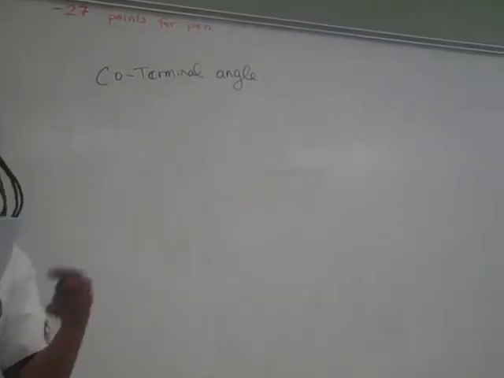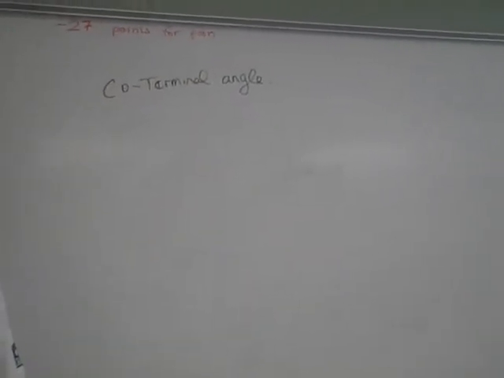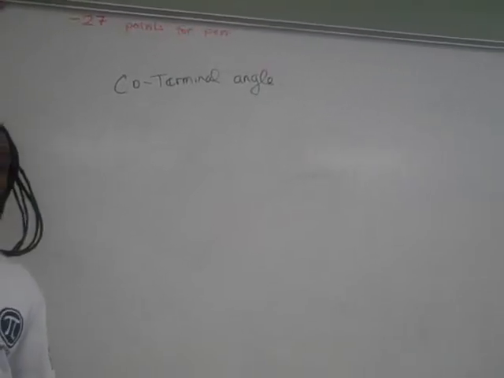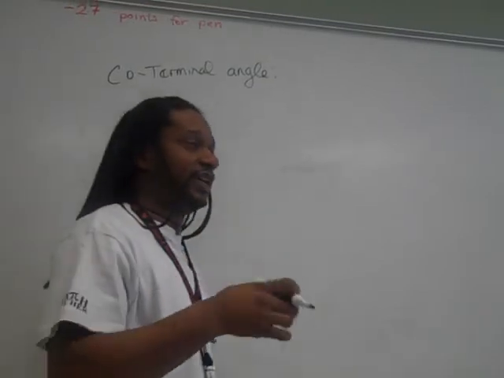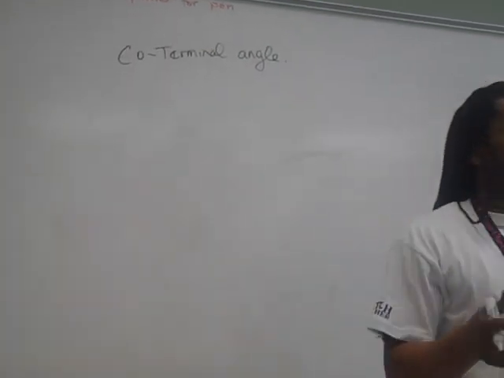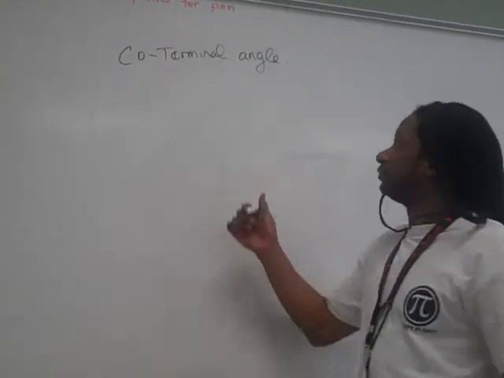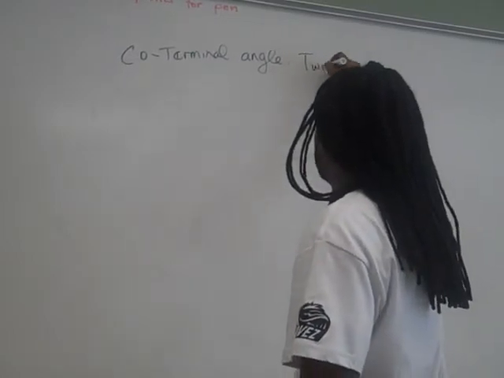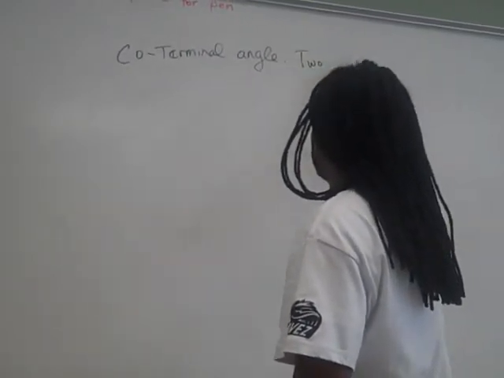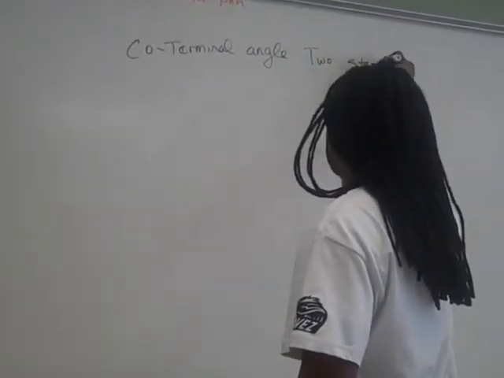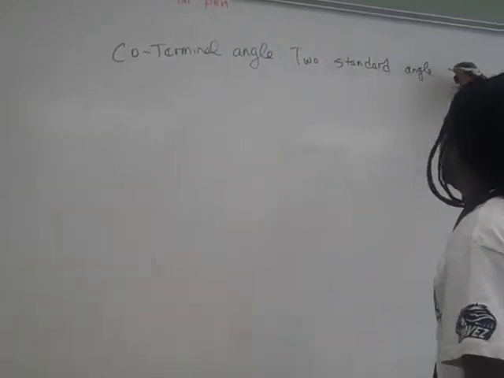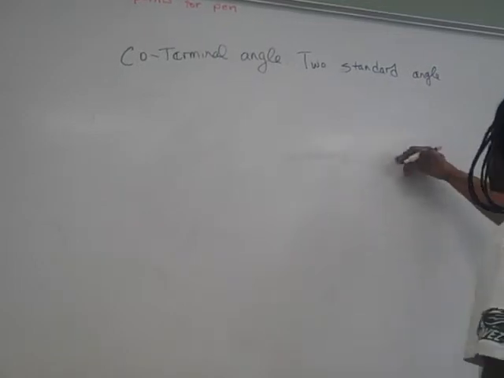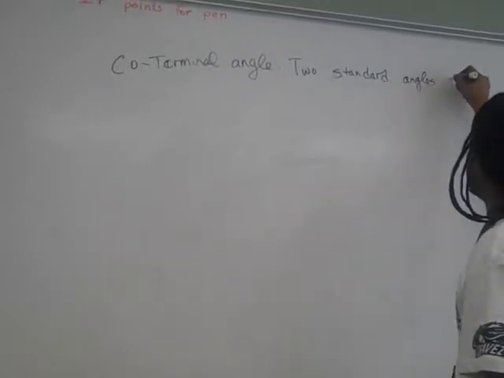Coterminal angles. All that means is you have two angles in standard position, starting from the positive side of the x-axis, and moving. So two angles in standard position that end in the same place. Let me write this. Two standard angles. Standard means they start on the x-axis positive side.